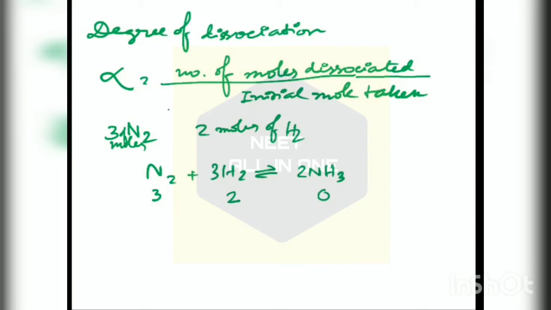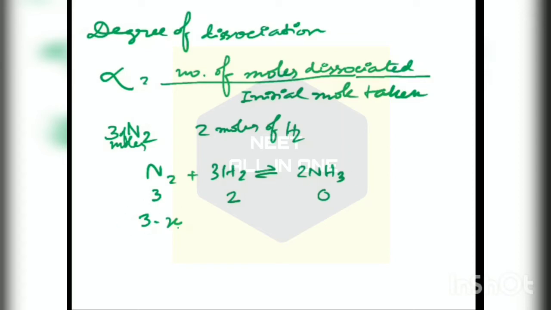But after the reaction is done, what happens? Let's write the moles after the reaction is formed. So now we're going to see what this X is. This X is the moles of N2 involved in the reaction to make this NH3.